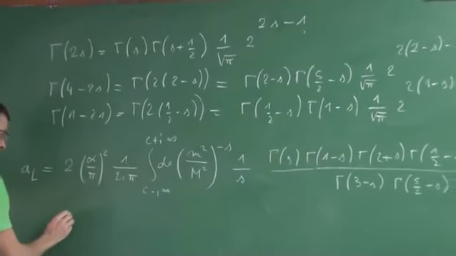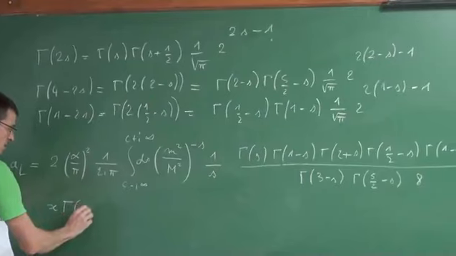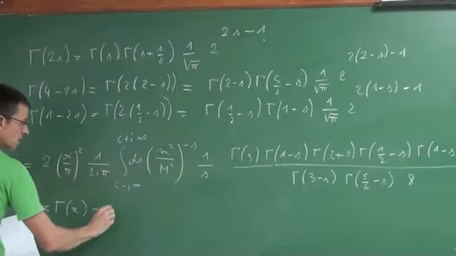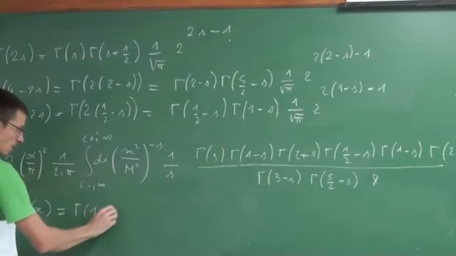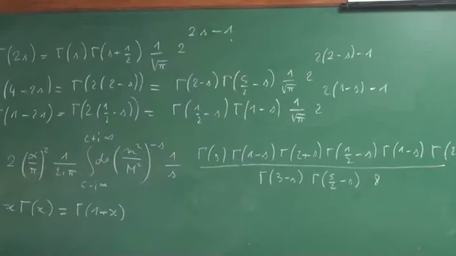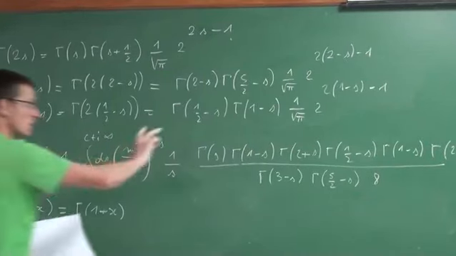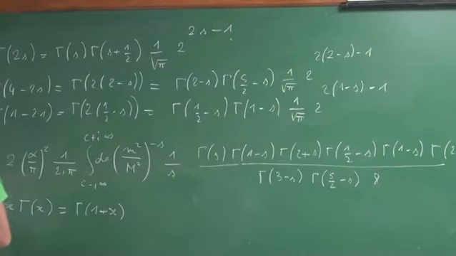property of the gamma function, which says that x gamma x equals gamma 1 plus x, to simplify this again. At the end we find the following integral, performing a trivial change of variable, s becomes minus s.